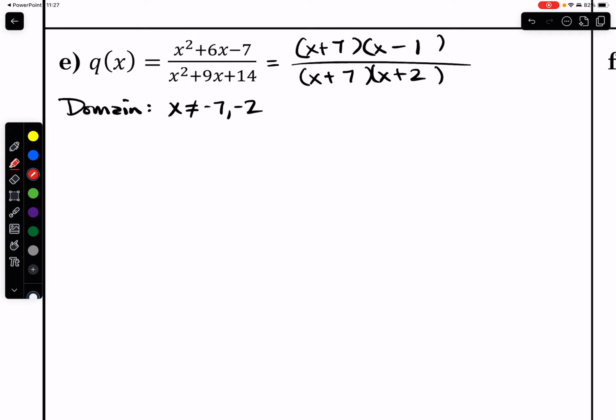However, since we have an x plus 7 on top and an x plus 7 on the bottom, this is not a vertical asymptote. The only vertical asymptote is the result of solving for 0 the factor that is not in common with the top. So our vertical asymptote is only located at x equals negative 2.